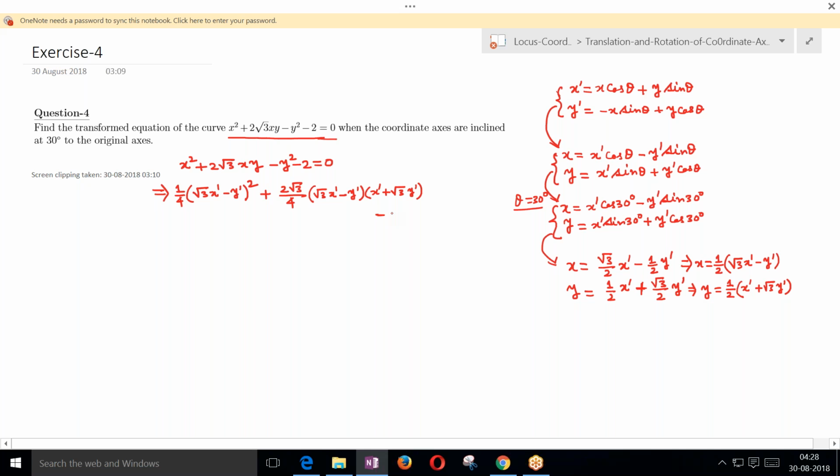Here we can write minus 1 by 4 into x dash plus root 3 y dash whole square, which is equal to 1 by 4 minus 1 by 4 into x dash plus root 3 y dash this whole square, minus 2 is equal to 0. So let me draw a borderline so that you do not get any confusion.